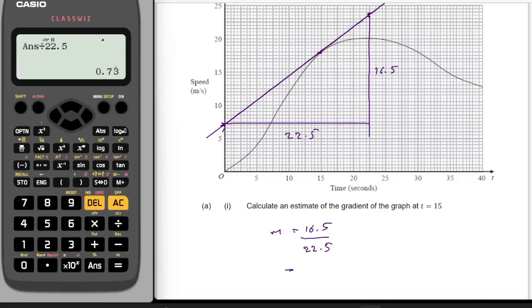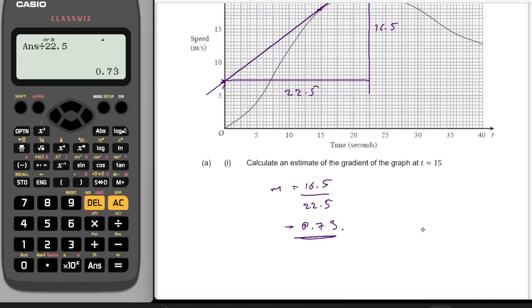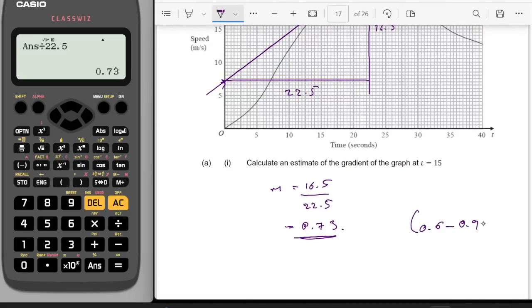So I'm estimating my gradient at 0.73. And you could have a similar value. I think anything acceptable would be plus or minus a couple on this one. So I'd say anything between 0.6 and 0.9 would be okay, I'm sure.